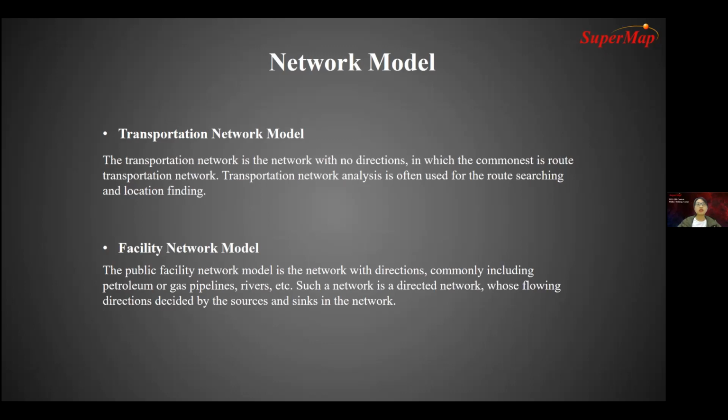Just like rivers, they have flow directions. It must flow from a higher point to a lower point. So do gas pipelines and water pipelines. This belongs to the facility network.